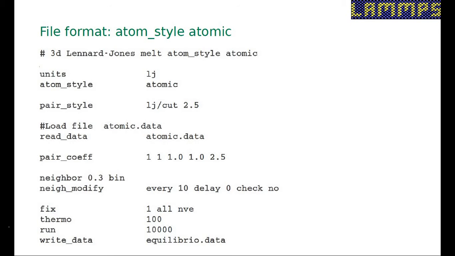We use Lennard-Jones units, atom style atomic, and pair style lj/cut. Then comes the section where we load the file called atomic.data by using read_data and then the name of the file.